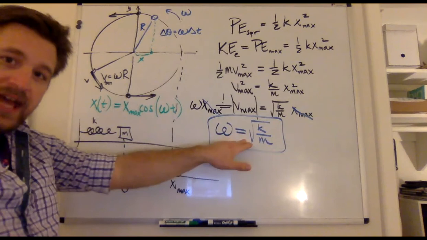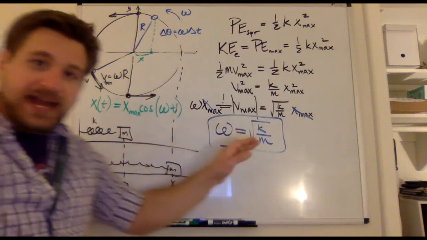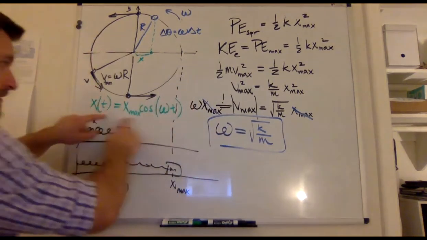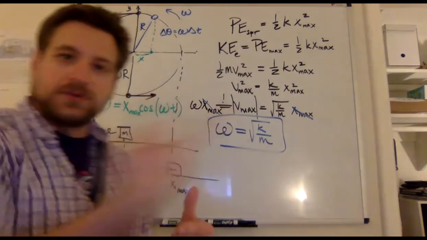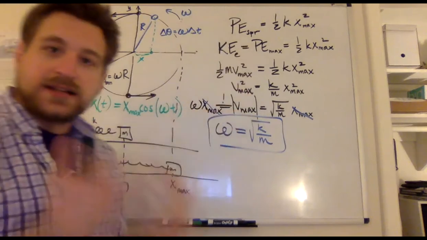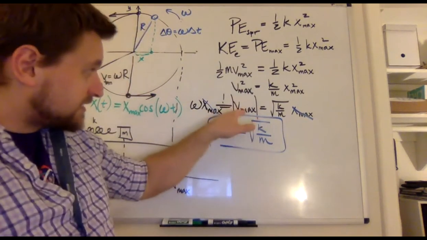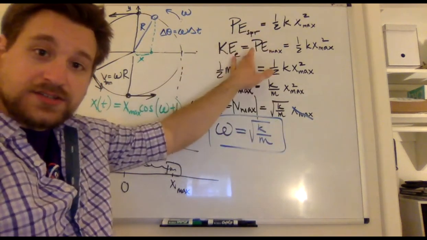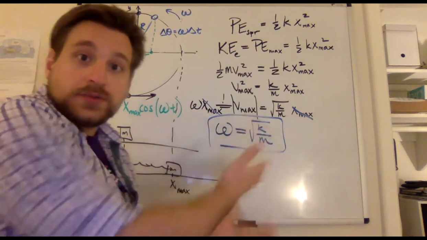If we can do that, if we imagine that, then this is a good prototype, a good model for horizontal oscillation because it makes conservation of energy possible. The only way that this is equal to that is if the energy is conserved and we make the definition that omega is root k over m.